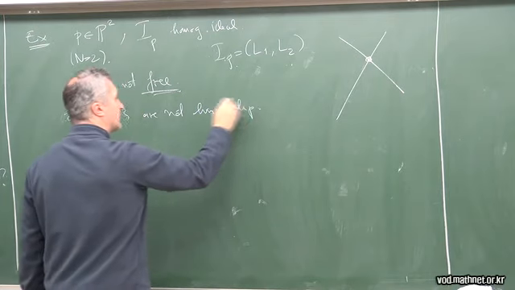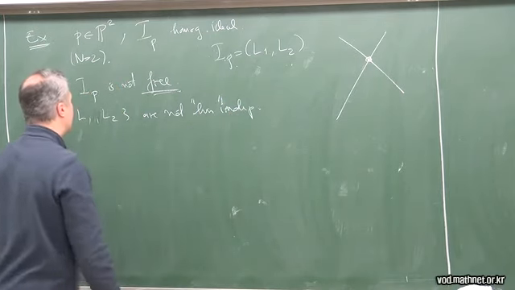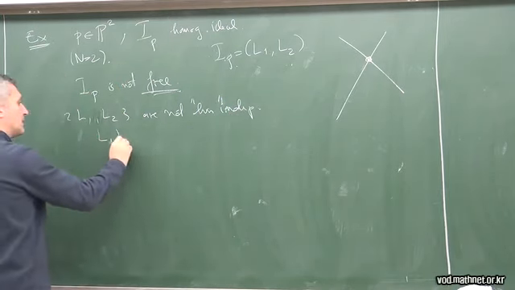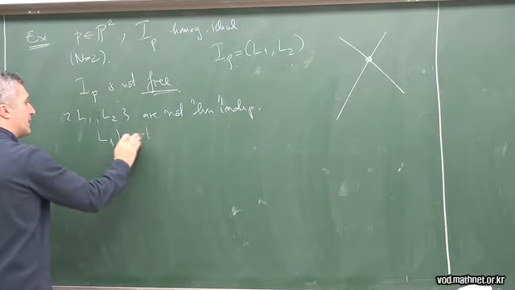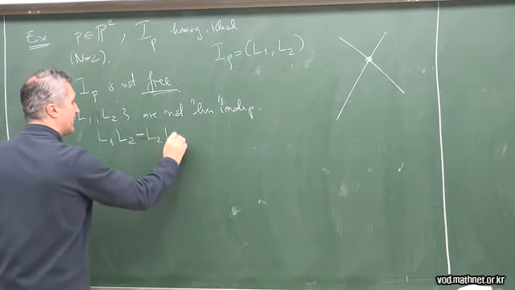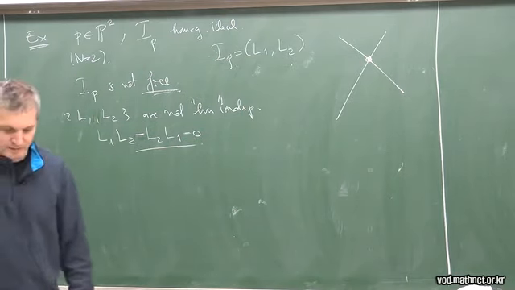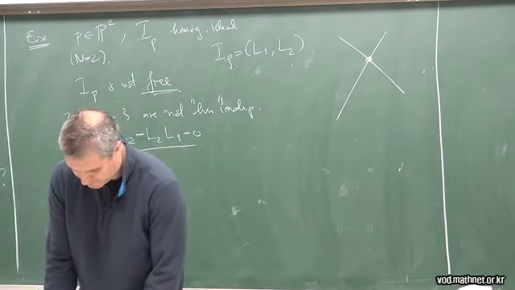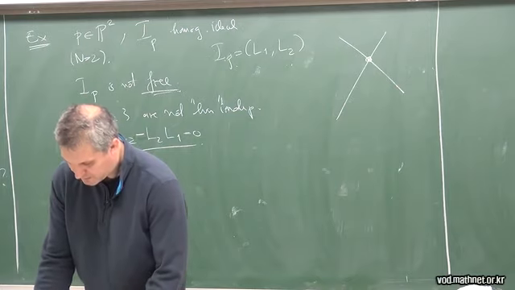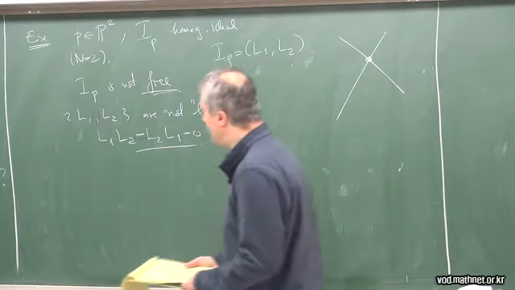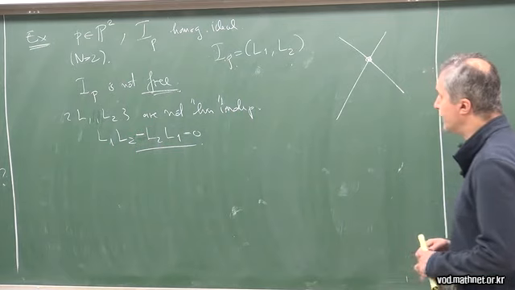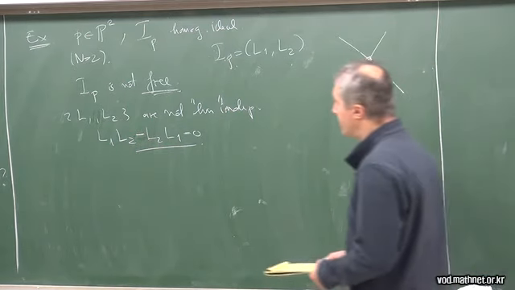I should write "linearly independent" in quotes, because we have this trivial relation L1 L2 minus L2 L1 equals 0. That shows that this is not a free module.